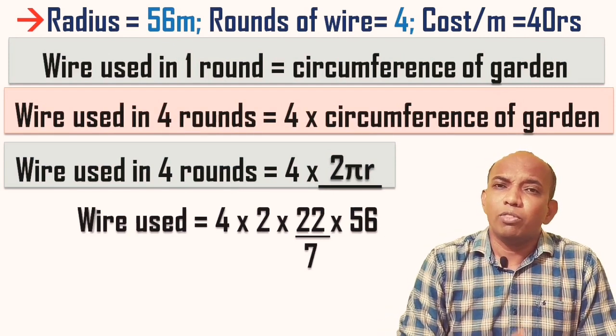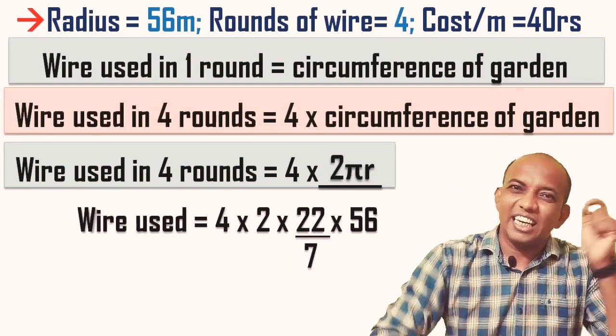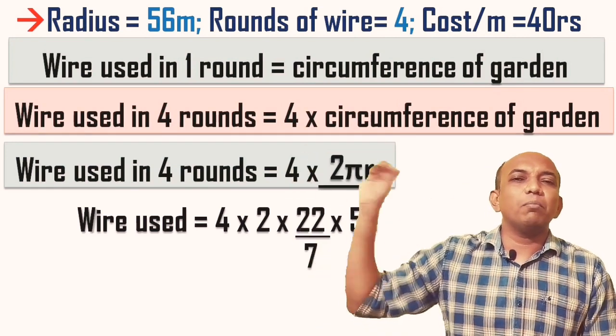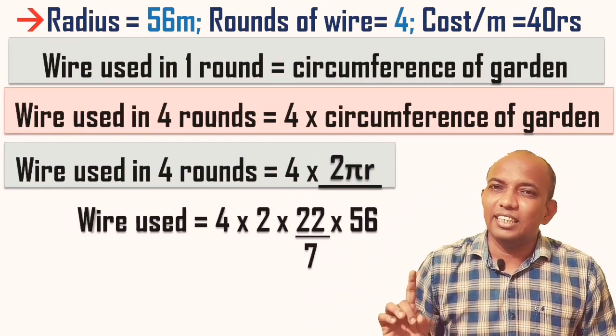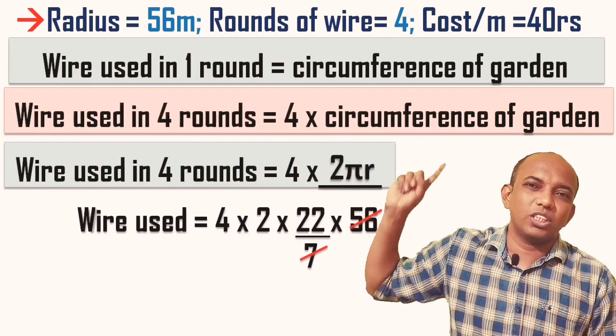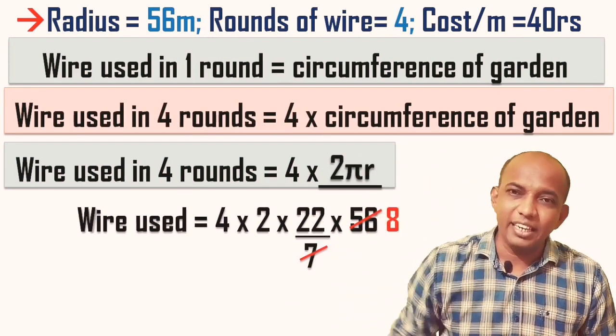Once you substitute the value, now my observation should be for the cancellation of the numbers with 7. Okay, so for 7, which number can be cancelled out easily? Yes, it is 56. So 7 8s are 56. So 7 and 56 are cancelled out. As a result, it gives the answer 8.